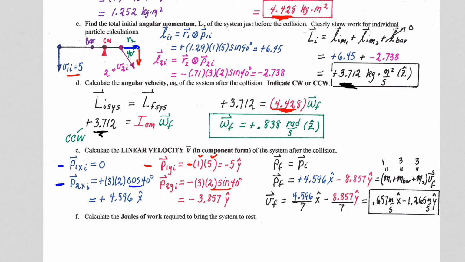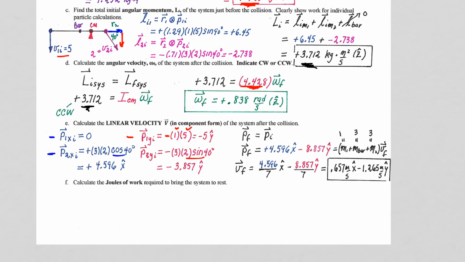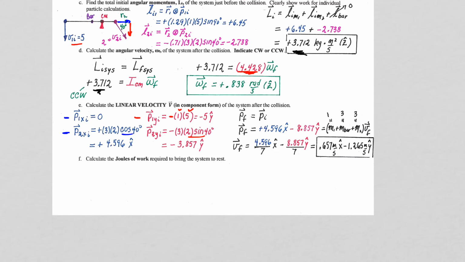So this is just taking the xy motion of the M1 and M2 particles prior to the collision. So that was the momentum that they had prior to the collision. It's a collision, conservation of momentum.